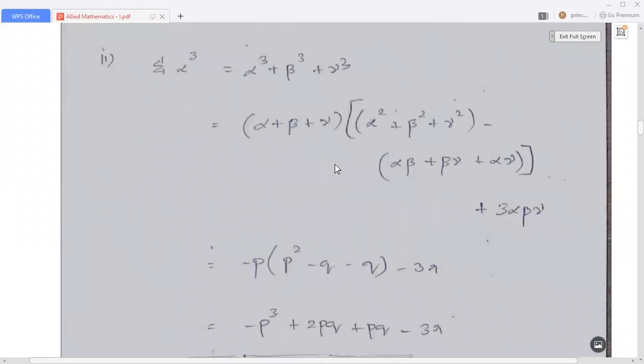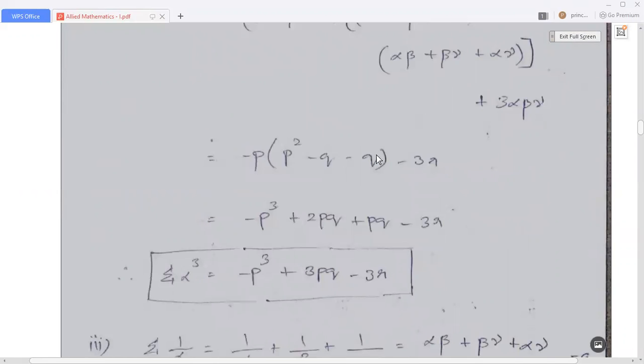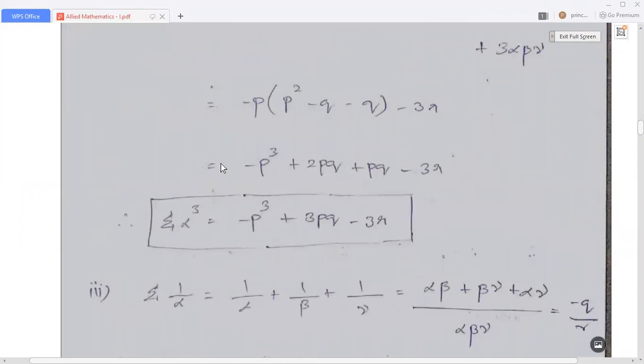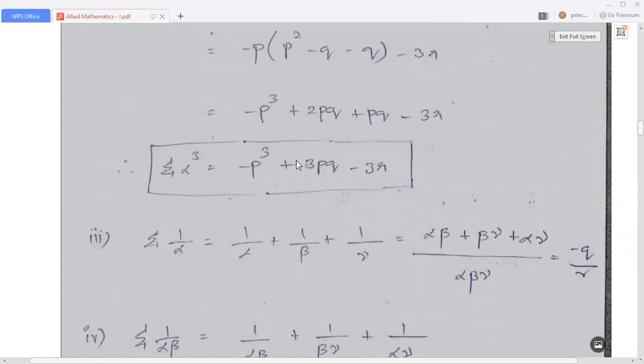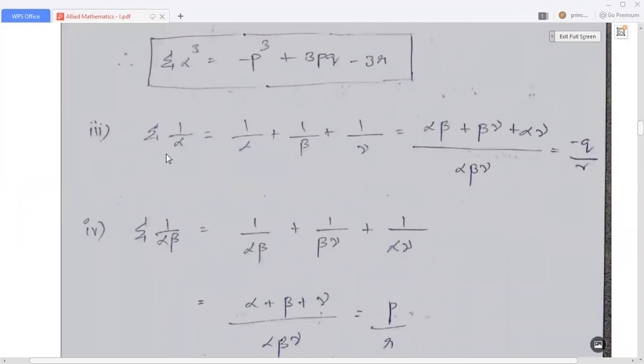So this is the convenient form where we can substitute the available values and calculated values. Here we substitute those values, we get the answer sigma alpha cube is equal to minus p cube plus 3pq minus 3r.